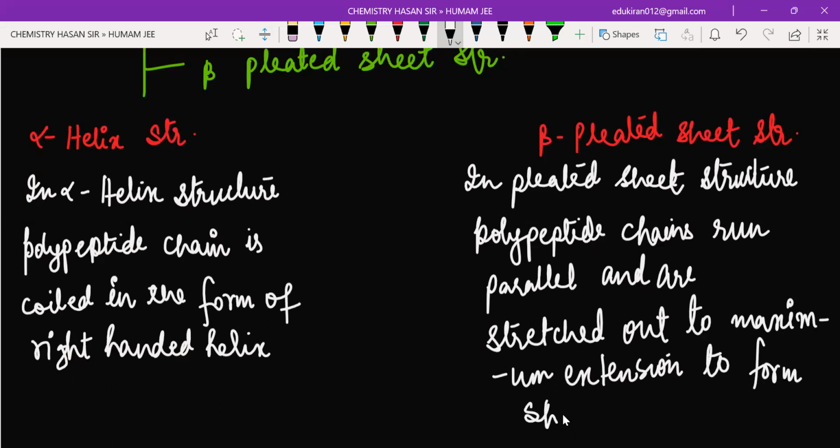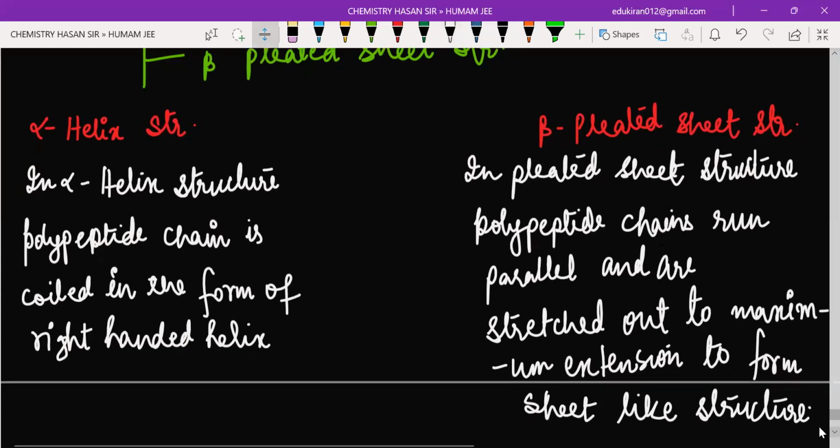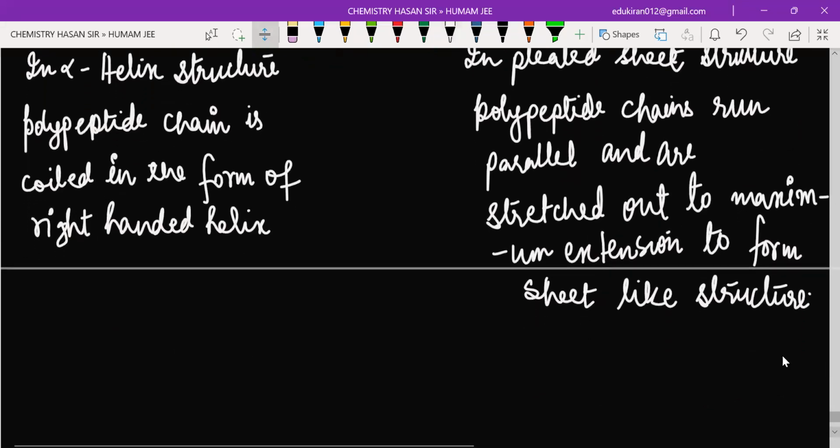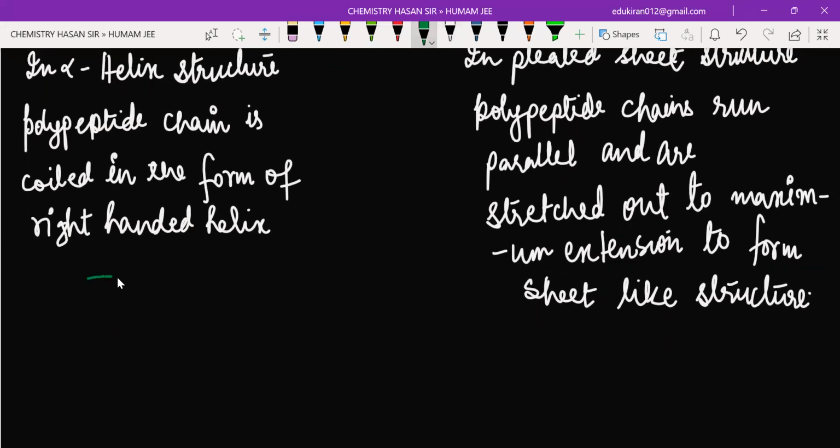The structure somehow looks like this. Let me show you. This is a right-handed helix, something like this. Spring type, a spring.